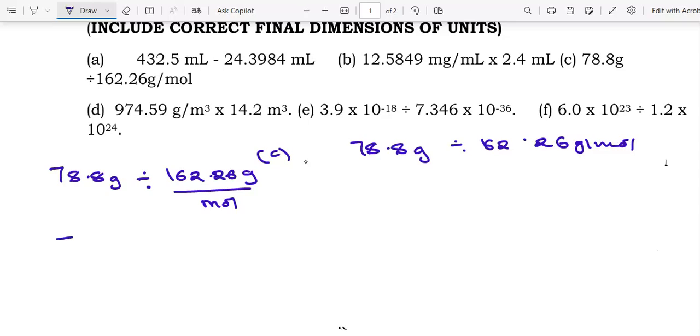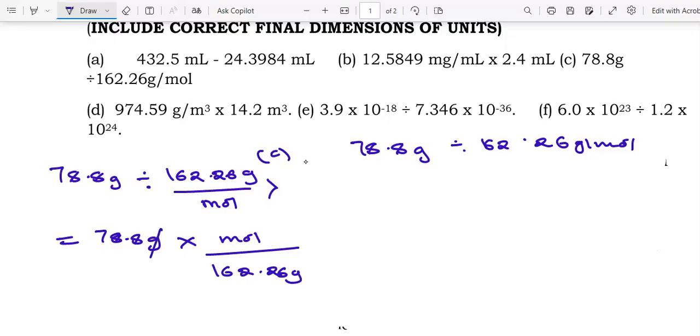Okay, so our first simplification: we say 78.8 grams, putting multiplication here, and we write the inverse of this, which is just the reciprocal, 162.26. We just change the fraction. Why did we do this?